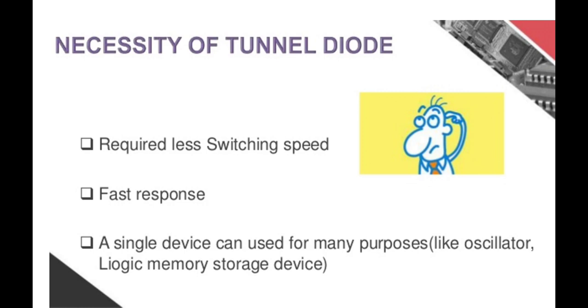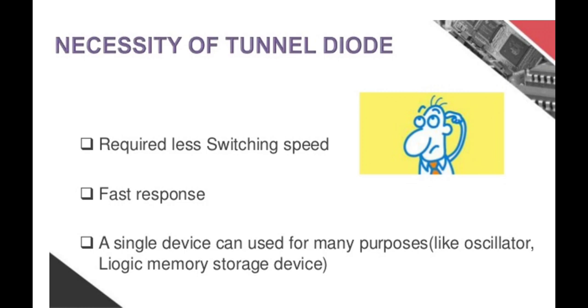To overcome this drawback, the tunnel diode was invented. The tunnel diode requires very little switching time. It has a very fast response, whereas in a general diode, more time is required to respond.